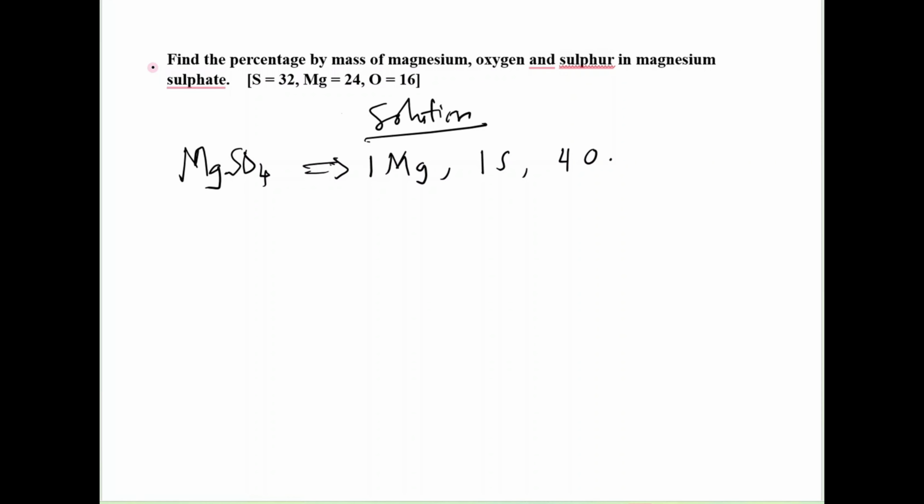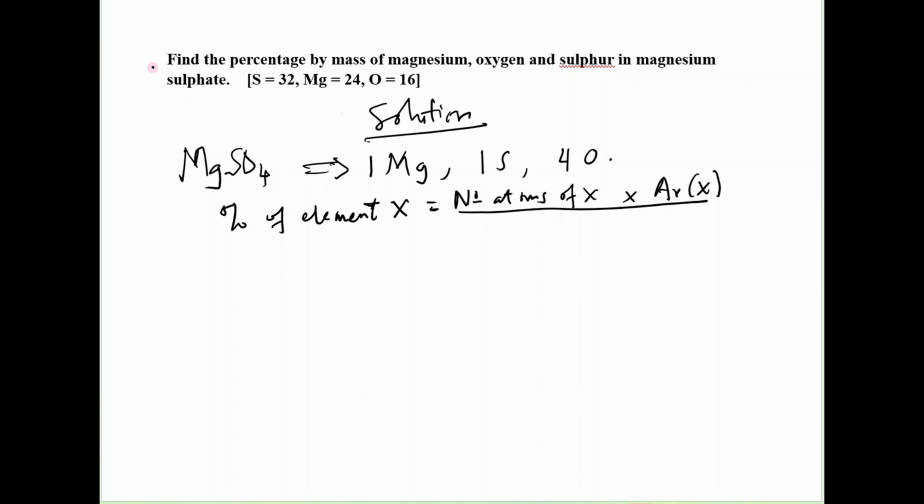One thing you need to know is that the percentage by mass of an element, let's say element X, will be equal to the number of atoms of X multiplied by the relative atomic mass of X, divided by the relative molecular mass of the compound, all multiplied by 100%.